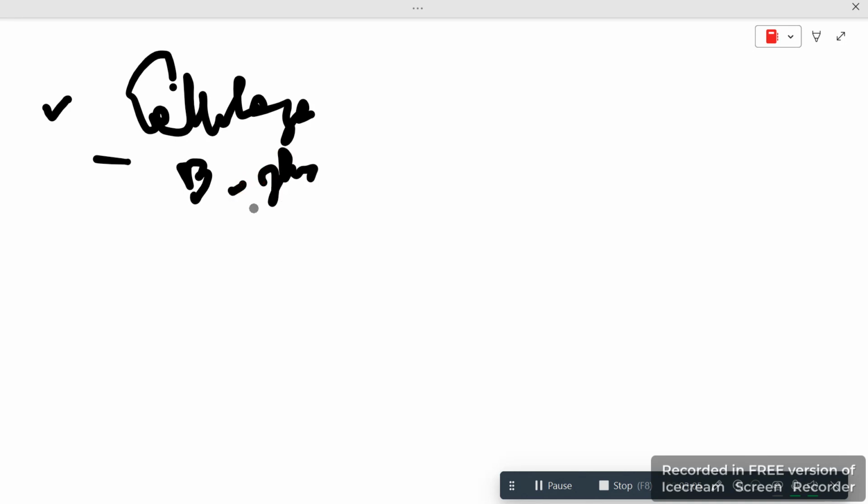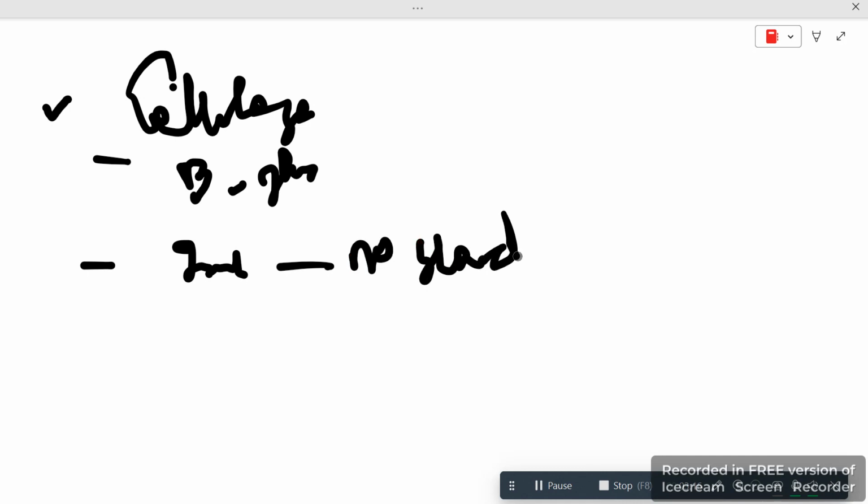If we talk about the iodine test, in cellulose you'll get no color. In starch it was blue, in glycogen you had red, but in this it's no color.